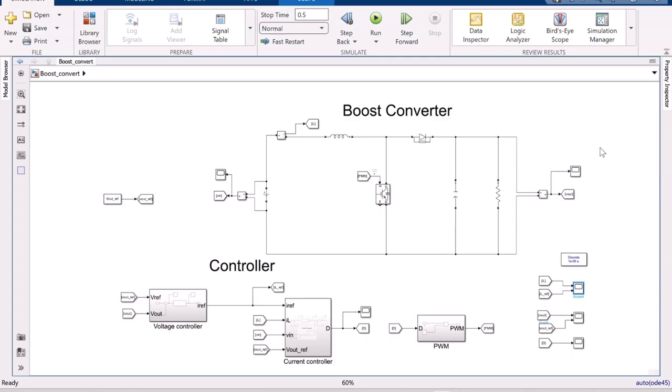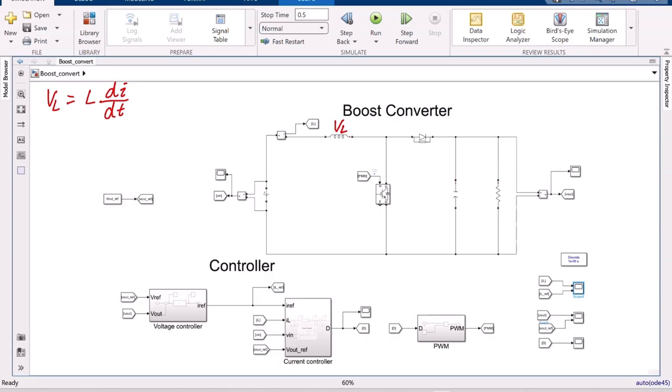Now, in order to understand how to implement the current controller, you first have to understand the boost converter. So I'll just shortly explain that. If we look at how we can control the current, the only way to control it is by controlling the voltage over the inductor. Because the voltage over the inductor is equal to the inductance multiplied with the change of current over the change of time.